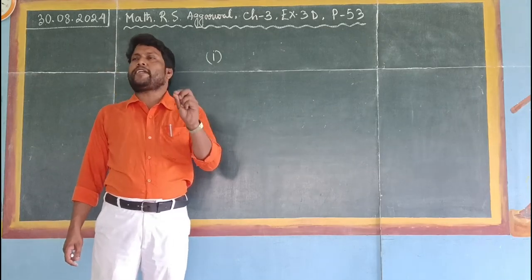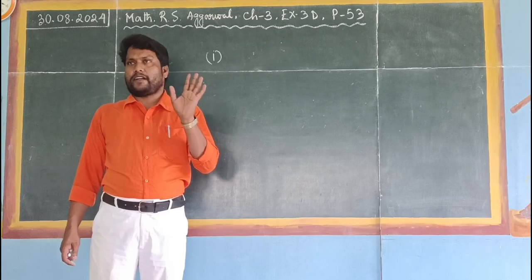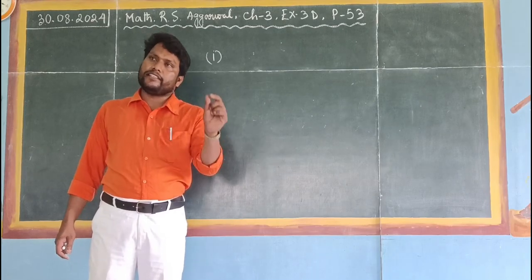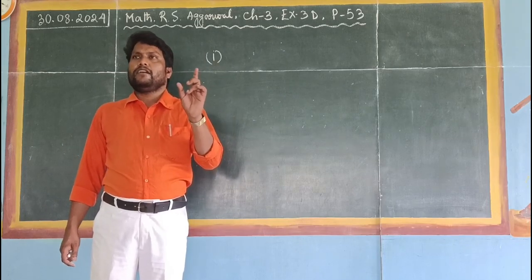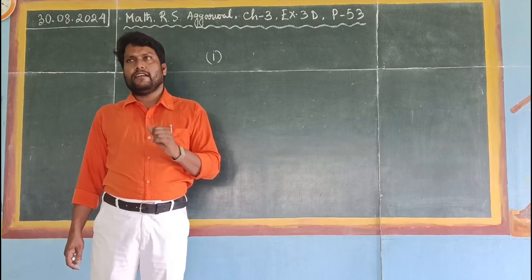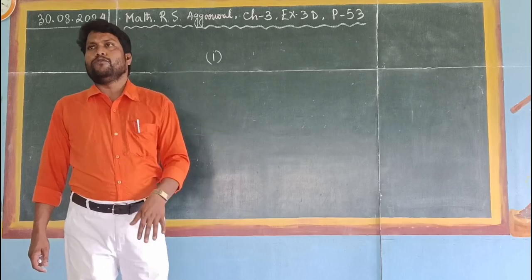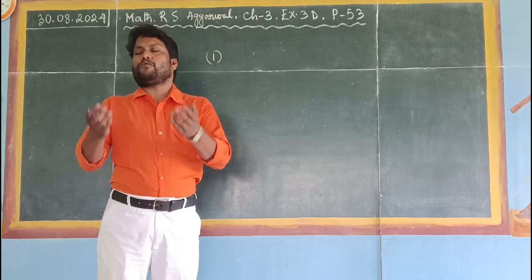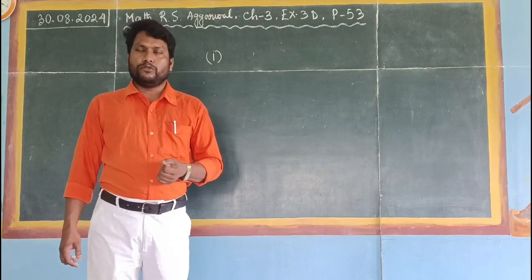But the most important property is the distributive property. Distributive property of multiplication over addition, and distributive property of multiplication over subtraction. These properties are mainly used, and in the problems that will be given in your question paper, basically this property will be used.